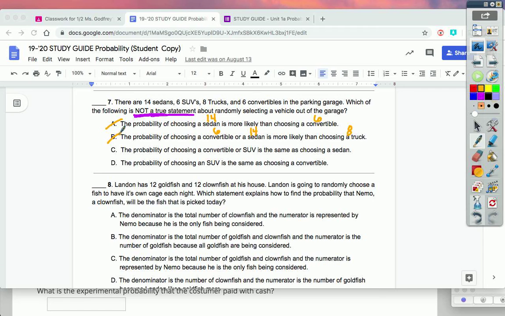The probability of choosing a convertible, 6, and an SUV, which is 6, is the same as choosing a sedan, which is 14. Is 6 and 6, which is 12, the same as 14? No. And let's also double check our last one. The probability of getting an SUV is the same as choosing a convertible. Is that one true? Yes, 6 and 6 are the same.